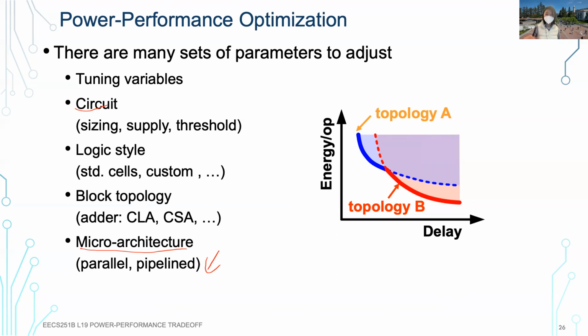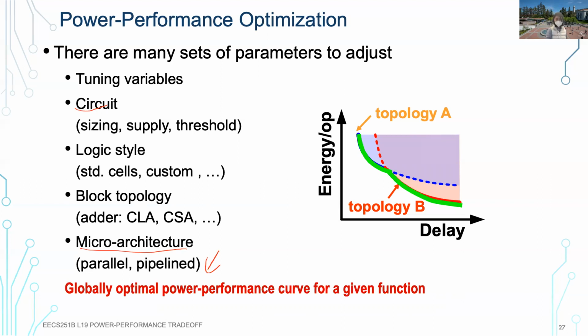And what we really want to do, as a question asked earlier, is to have the global optimal performance and energy trade-off for a given function, right? So this green curve is the Pareto frontier. Once we combine everything, this is the Pareto frontier of our design. This is what we want, and this is the design space exploration problem: trying to understand the implications of different parameters and how we navigate this space.